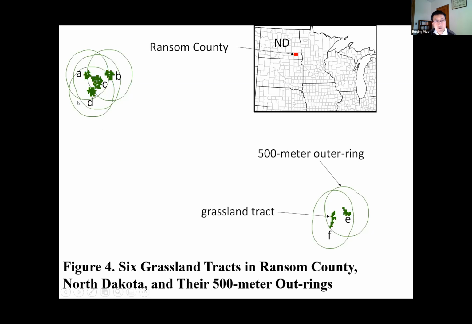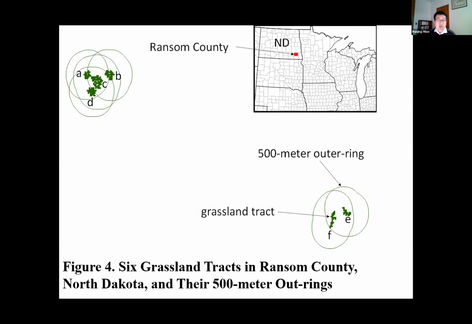We have their acreage information, and also the environmental benefit information. We use the duck pair density of those grassland parcels to represent their environmental benefit value.